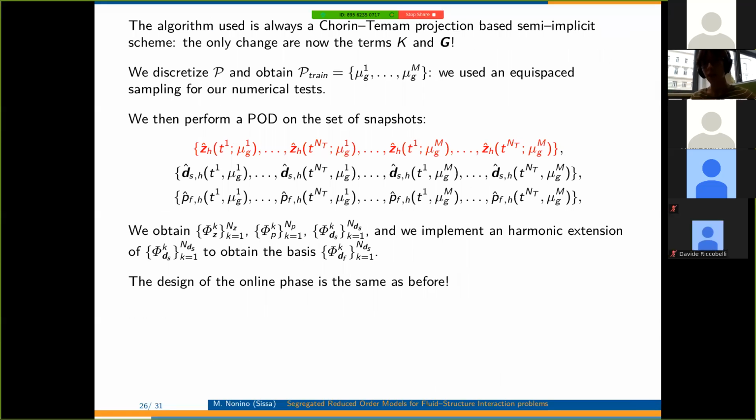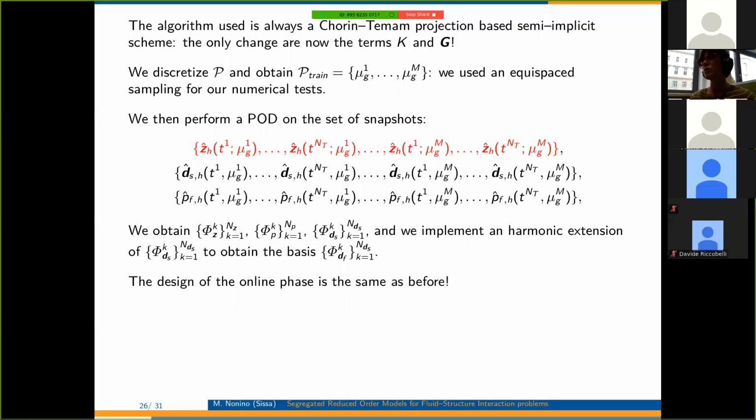Then the algorithm that we use to address this problem is always a Chorin-Temam projection-based semi-implicit coupling scheme. So from, let's say, the finite element point of view, the major change is the introduction of the additional terms in the problem formulation. Then the first thing we do is we discretize the parameter space, and we obtain a training set.